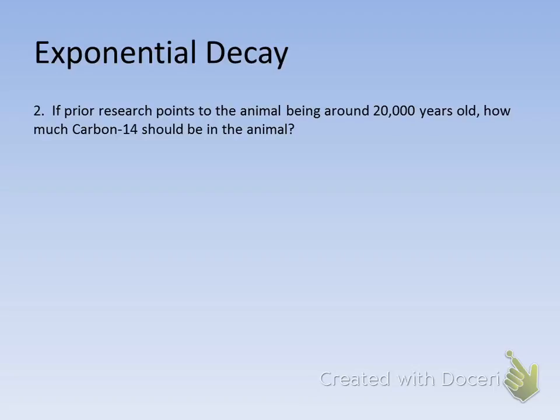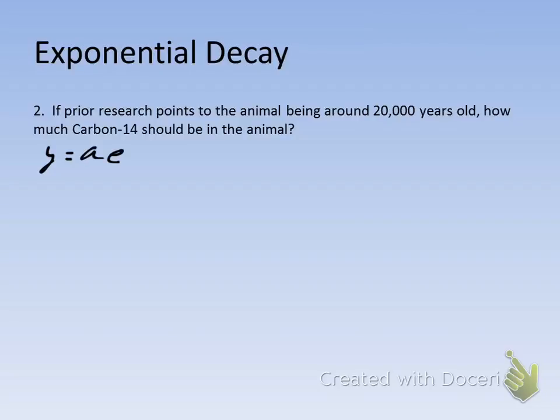We know T. We're trying to find A. No, we know A. Okay, how much carbon-14 did the animal start with? All of it. Except one. So that's 1. So we're trying to find Y. We're trying to find how much is left after 20,000 years. Make sense?